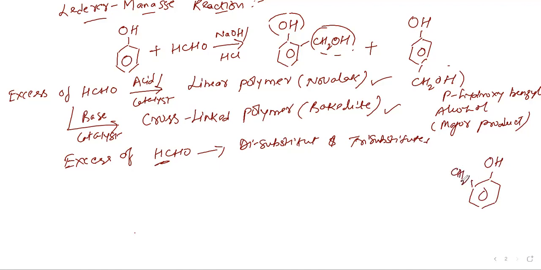Something like this. CH2OH here, CH2OH here, then you have CH2OH here. This represents a tri-substituted product. And if you have two CH2OH, that would be a disubstituted product. So with excess of formaldehyde, in presence of acid or a base catalyst, disubstituted or tri-substituted products that will look like this will form.